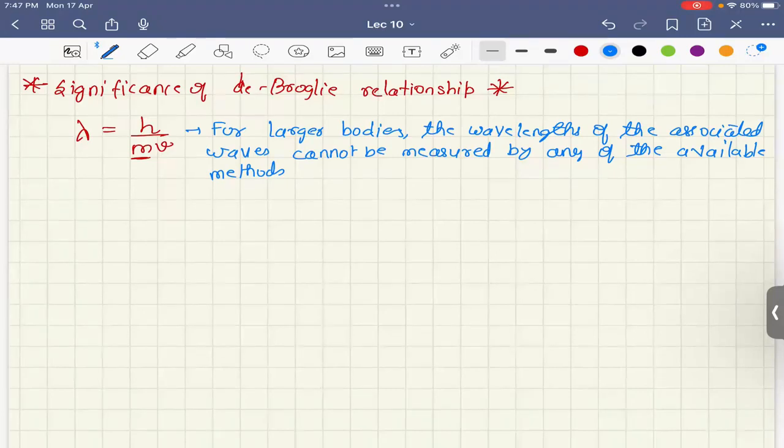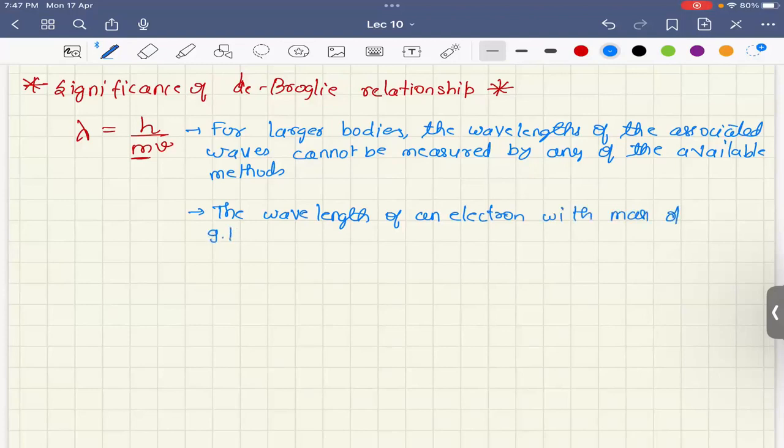Right? So let us calculate the wavelength of an electron with mass 9.11 into 10 raised to power minus 31 kg, moving with a velocity of 10 raised to power 6 meter per second, right?